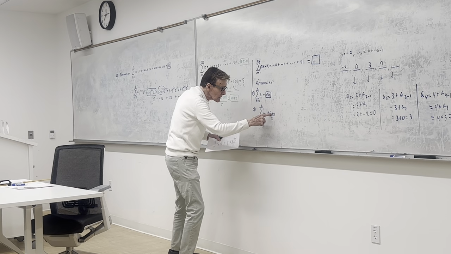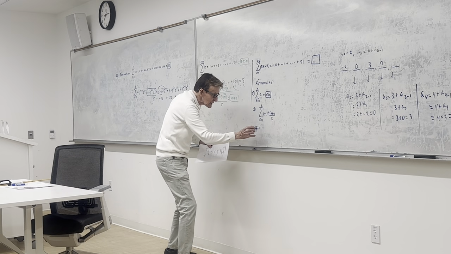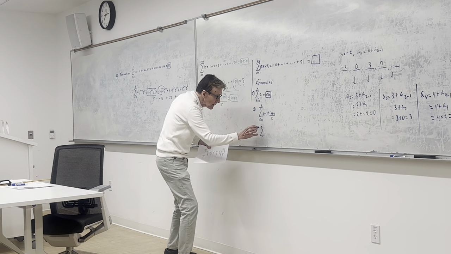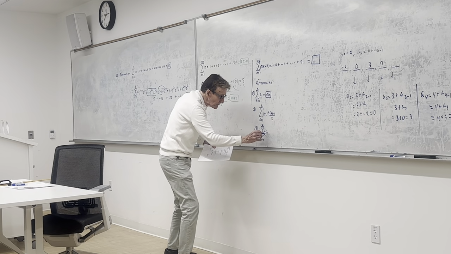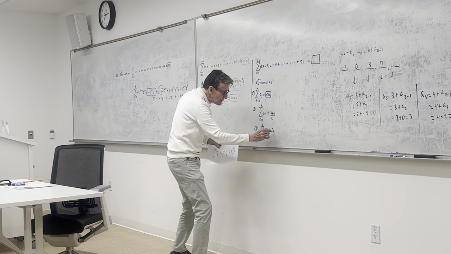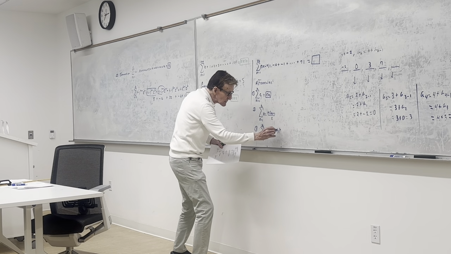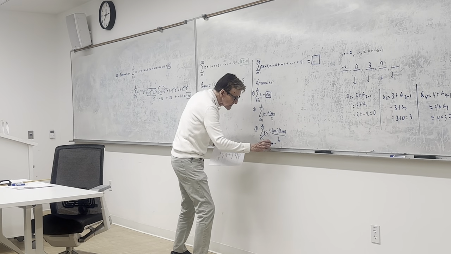Because I have all these on the handout for you. And the last one that we'll look at right now is if you're asked to sum up 1 through n, k squared, n times n plus 1 times 2n plus 1 all over 6.